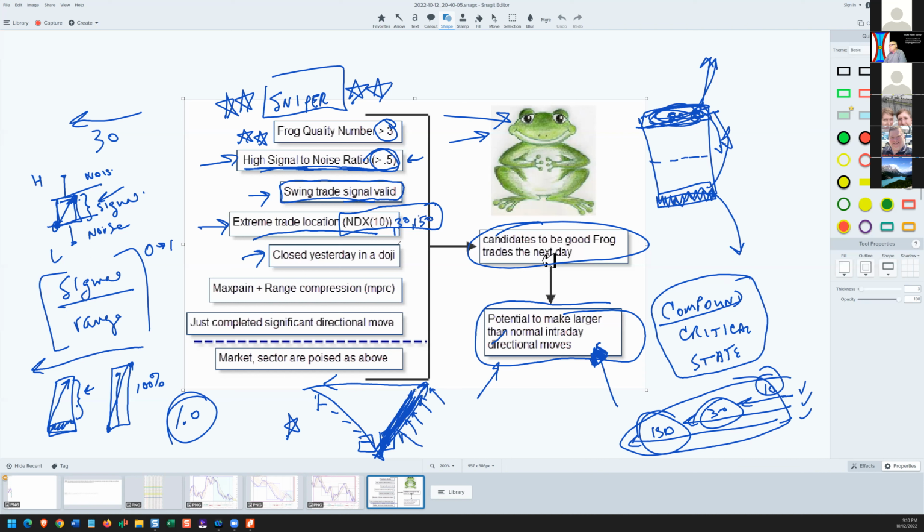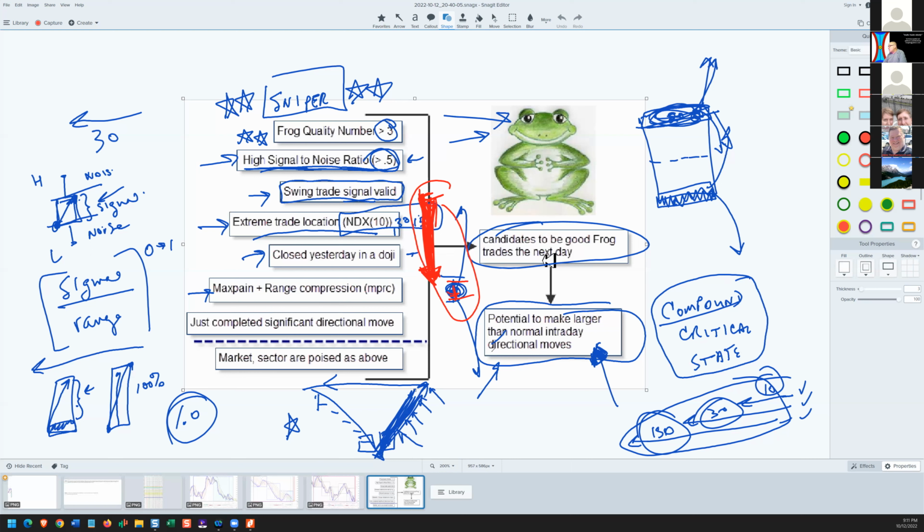Well, if yesterday closed in a doji, that is sort of a range, and I will combine that with max pain range compression. A doji simply says that the breakout from this compressed state could be a large bounce up or a collapse out of this period of tension. If you add to that the previous move was a large directional move down, so maximum pain, now suddenly the combination of maximum pain and a little doji gives you an enormous change in psychology from fear and loathing of the big sell-off into a tightly compressed tug of war.